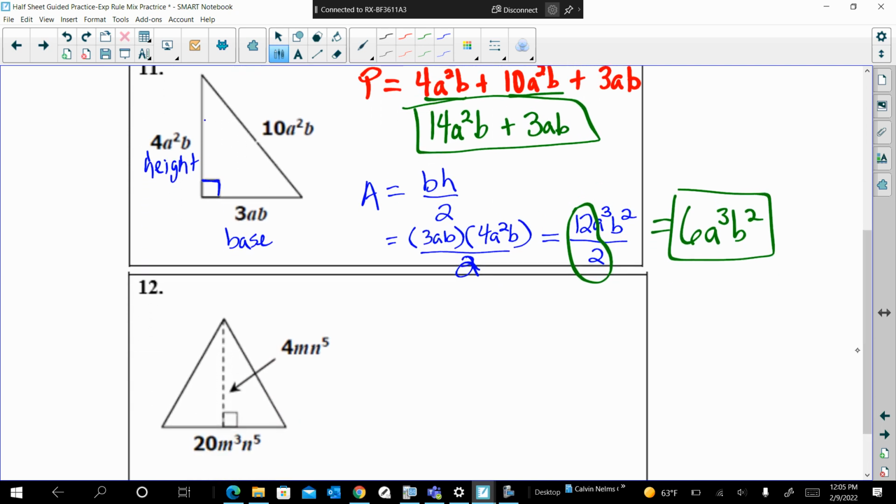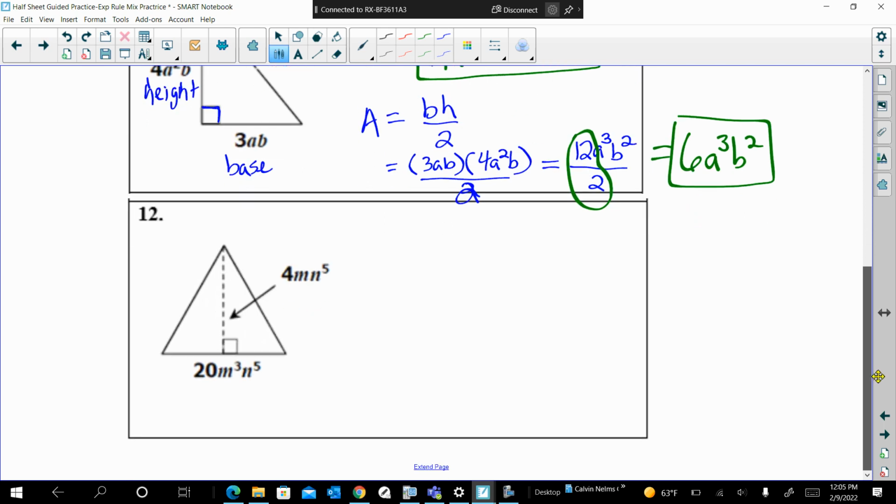All right, on number 12, it's missing. It's not stated, but we just need to add this to help you see it better. This triangle is an equilateral triangle.